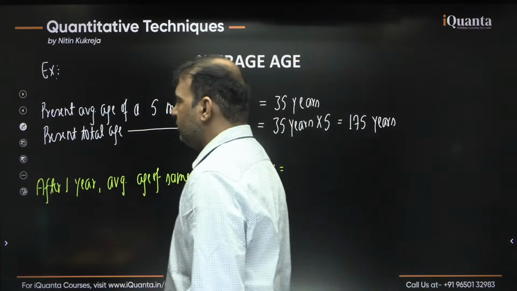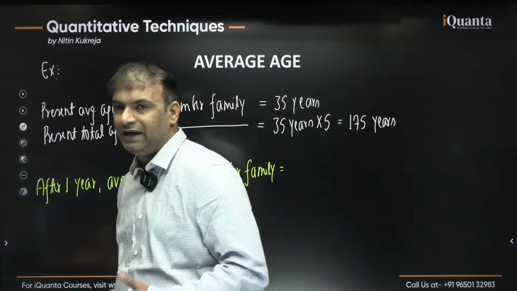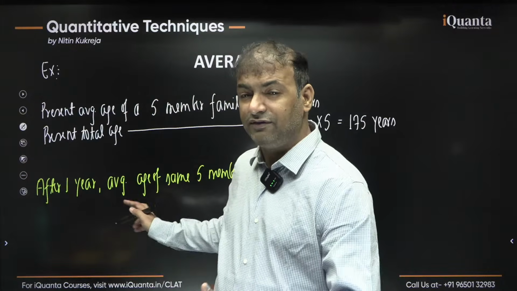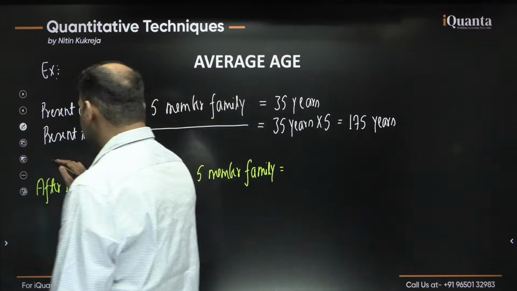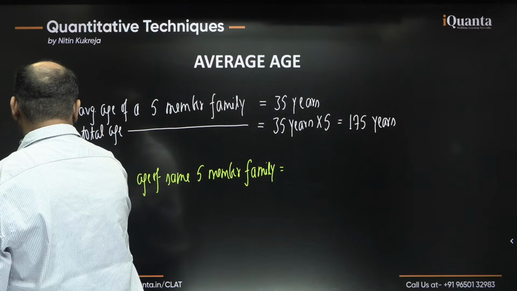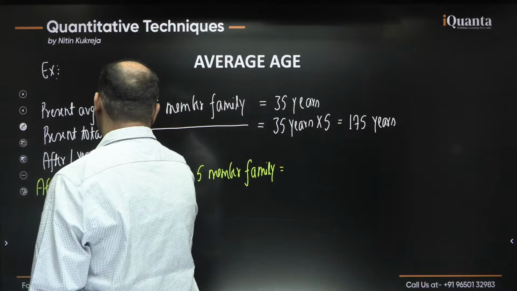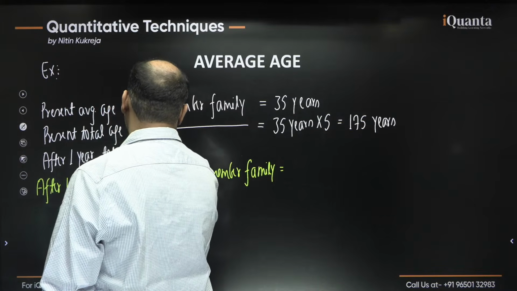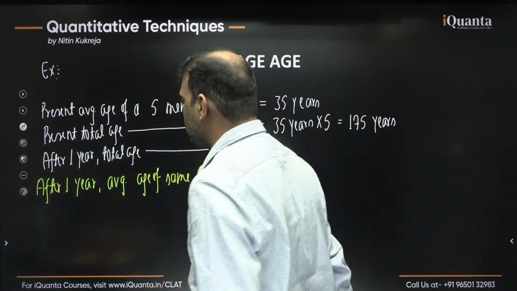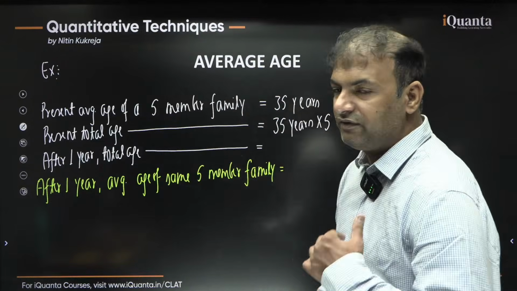Now what will be the total age of the same family exactly after 1 year? That we can find out with the help of this. Let me write it. After 1 year, the total age of the same 5-member family. So guys, what happens actually? Look at this, we have exactly 5 members.